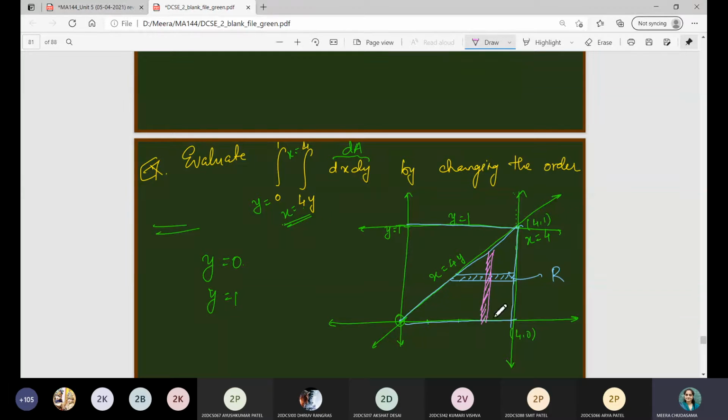And in this case, let me write change of order strip. Right? So in this case, now the x variable will have constant limits, which will be varying from 0 to 4. Very good. And the y variable will vary from 0 to x.